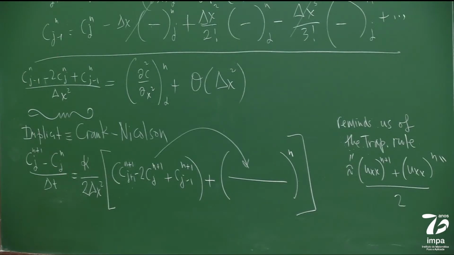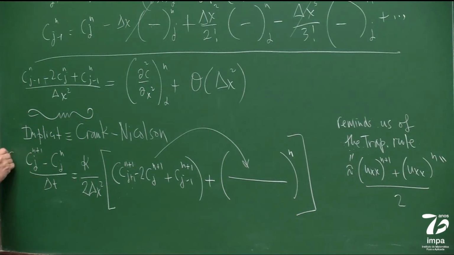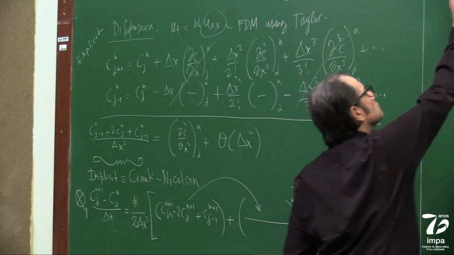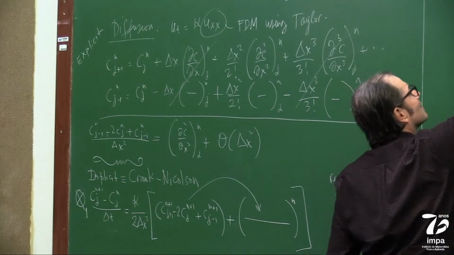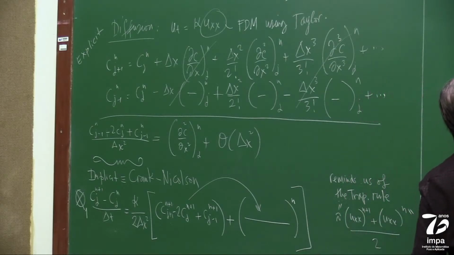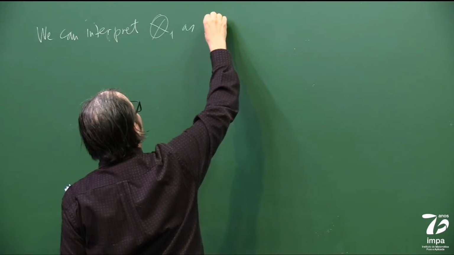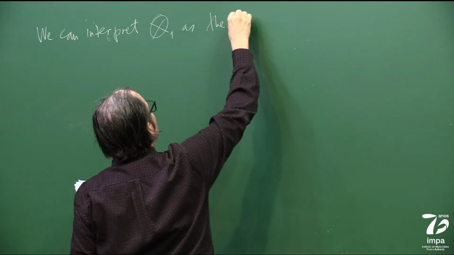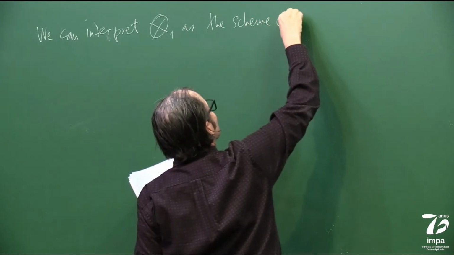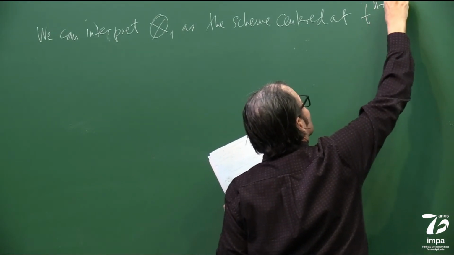Okay, so what I want to show you is that, let me write here. Let me maybe do it like this. We can interpret the scheme centered at time n plus a half.